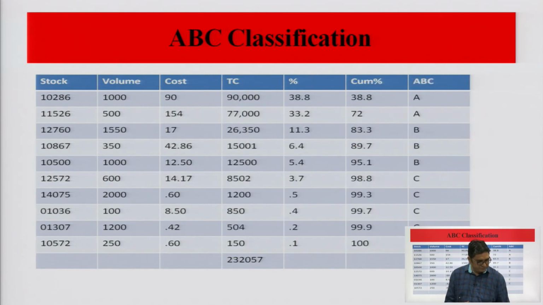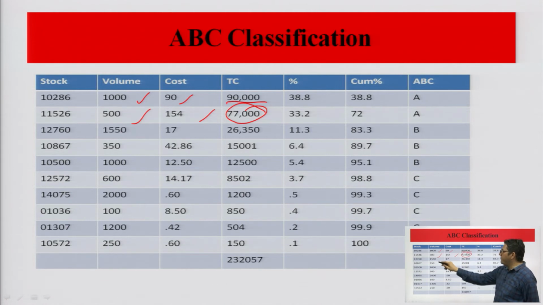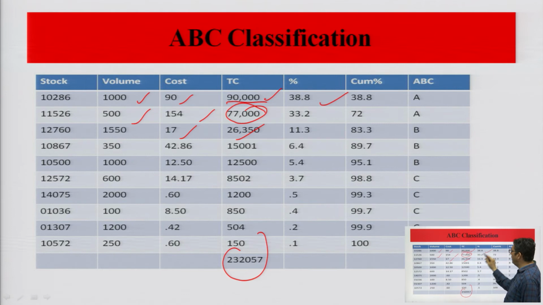Let us see. If we multiply volume by cost, we get 90,000. If 500 as a volume is multiplied by cost 154, we get this. If 1555 is multiplied with the cost, we get this, and this is the total cost we have obtained. Then we take the percentage, this value upon the total into 100, for each individual stock.